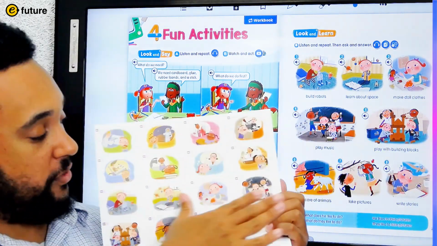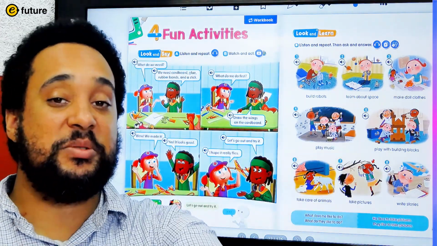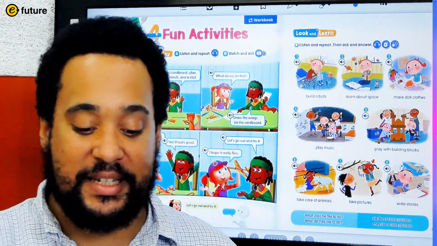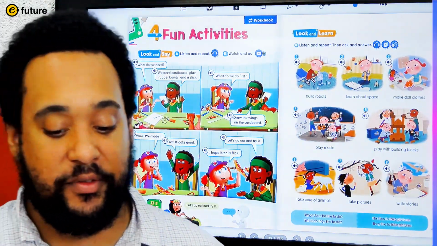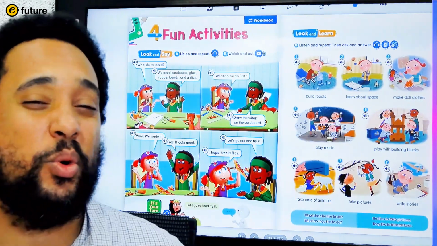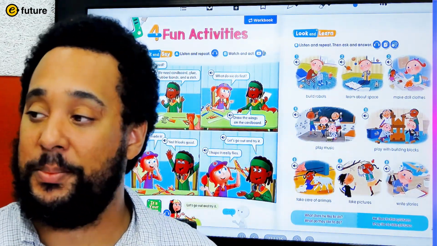So find your Unit 4 flashcards, and we're going to cut them out, okay? So cut them out and spread them out on your desk, word side up, okay? So when we have our flashcards out on our desks, we're going to learn and practice our new vocabulary together.